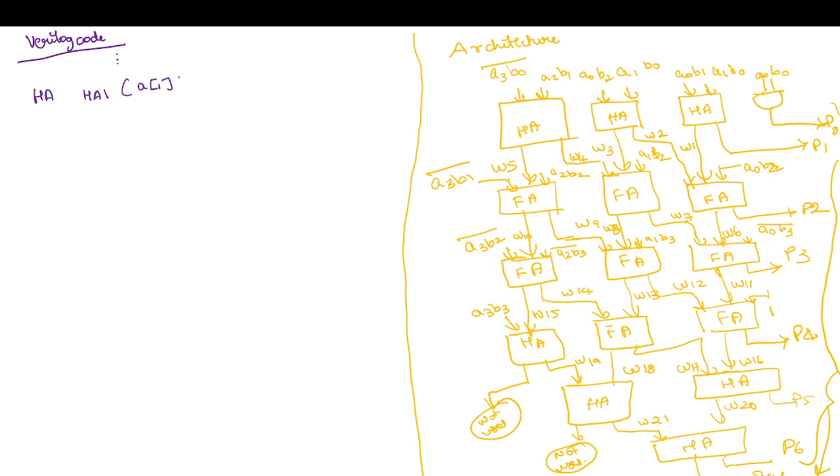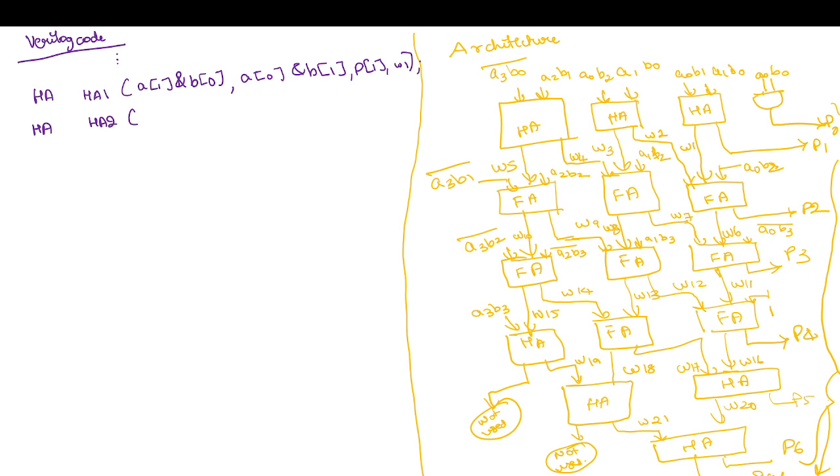So A1 AND with B0, A0 AND with B1. Output is PM1 and W1. The same with the second full adder. Okay, let us say this half adder.